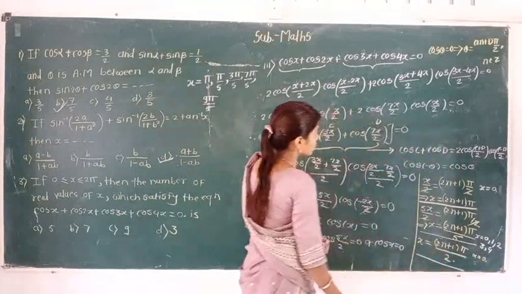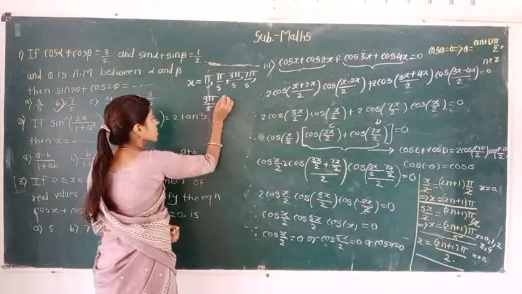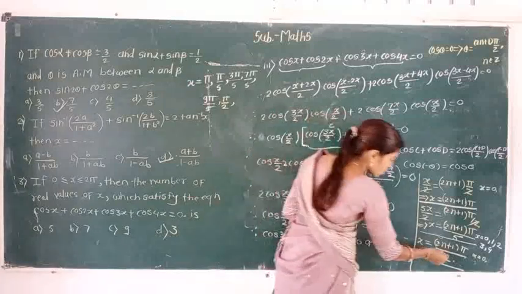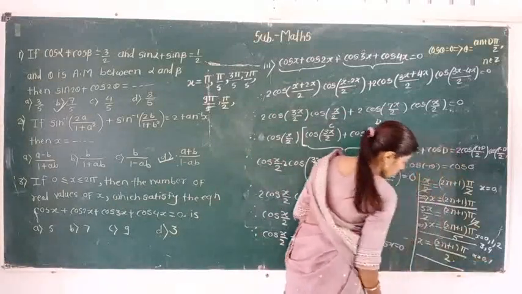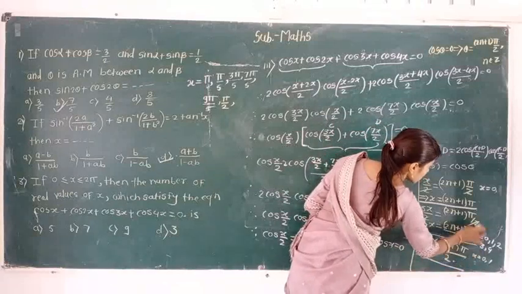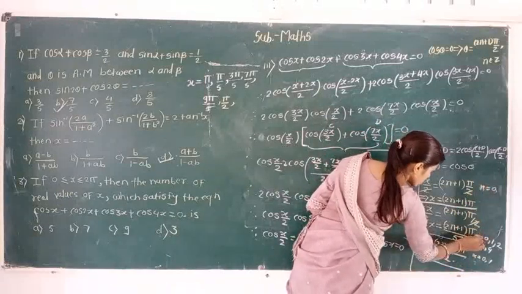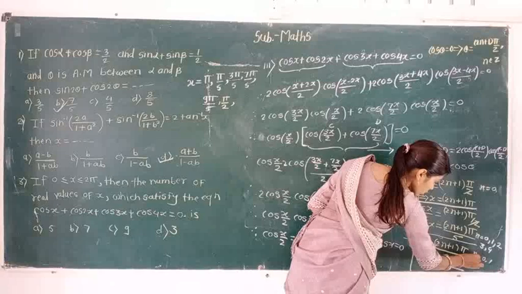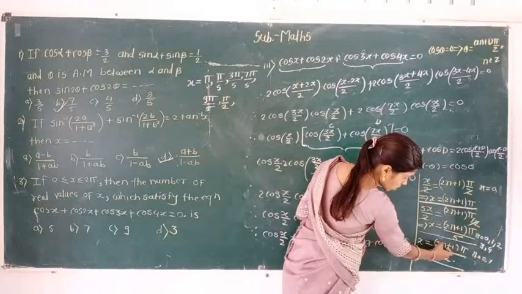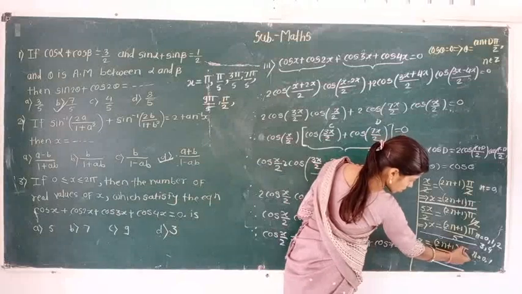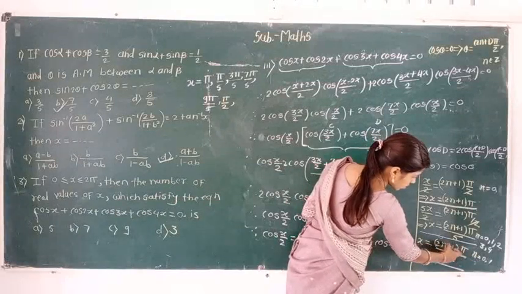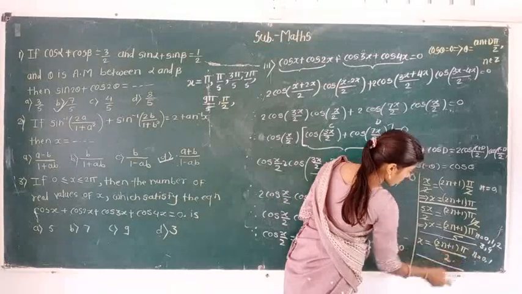Now in the third solution, again we put the value of n as 0. By substituting 0, we get the angle π/2. Now put the value of n as 1: 2 into 1 is 2, 2 plus 1 is 3, 3 into π, so 3π/2.